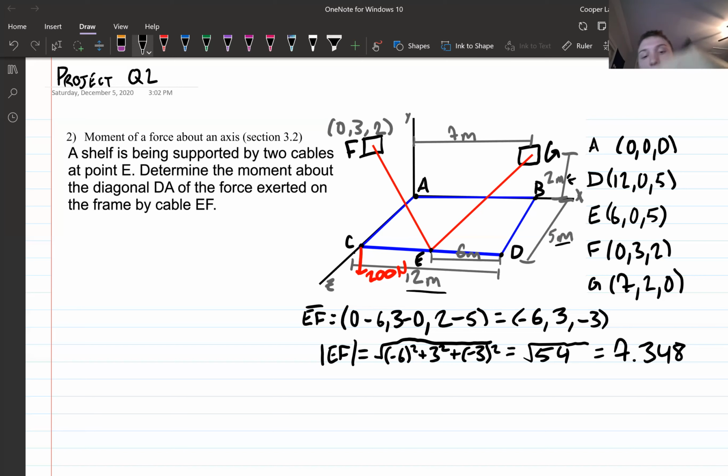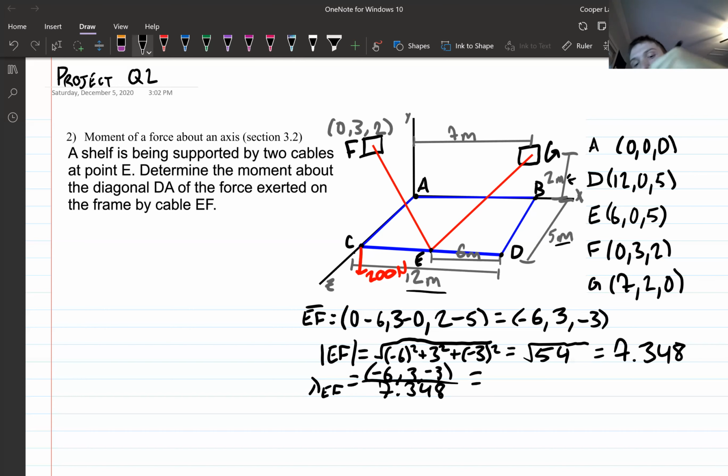Now I'm going to use this to calculate lambda. My lambda EF equals negative 6, 3, negative 3, all divided by my magnitude of EF, which is 7.348, and that is the equation that I would use for it.